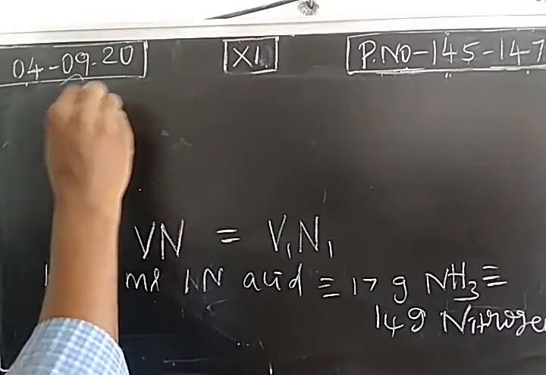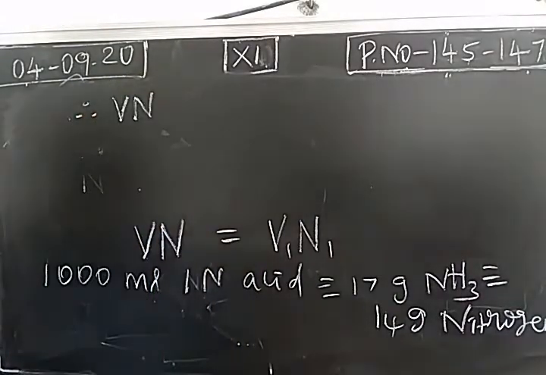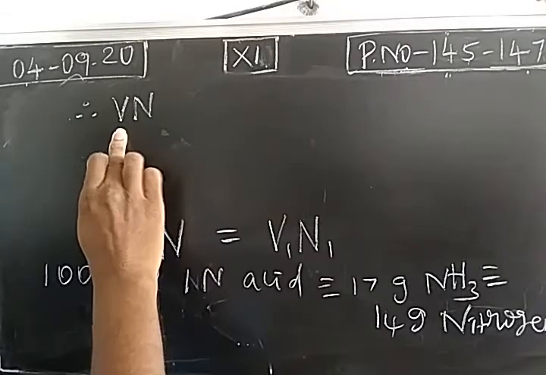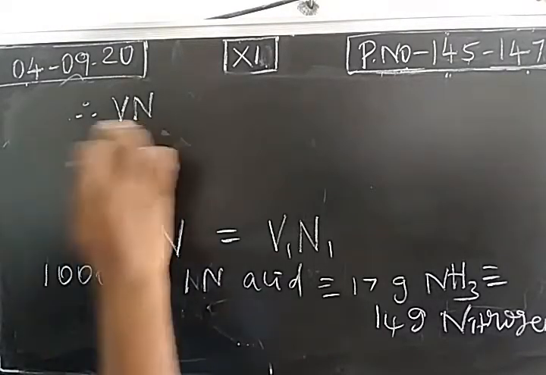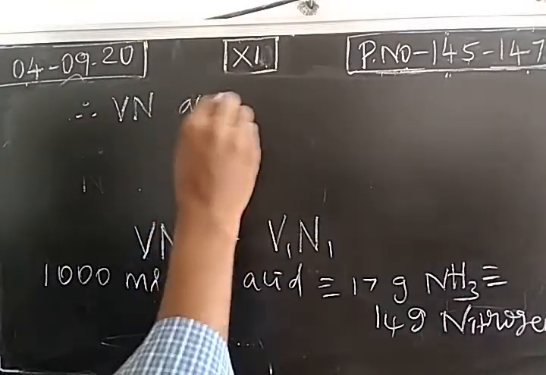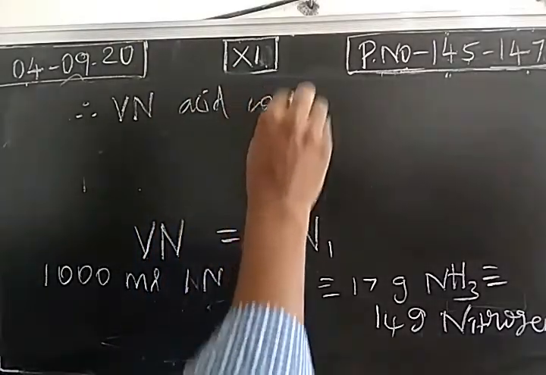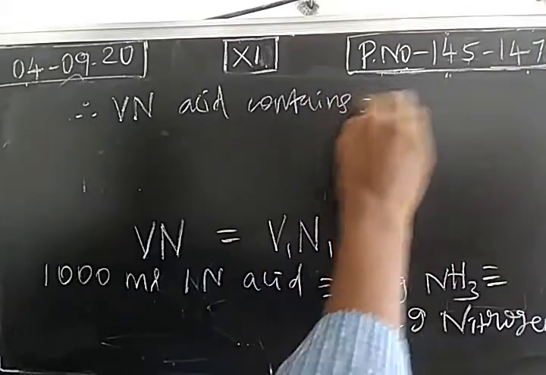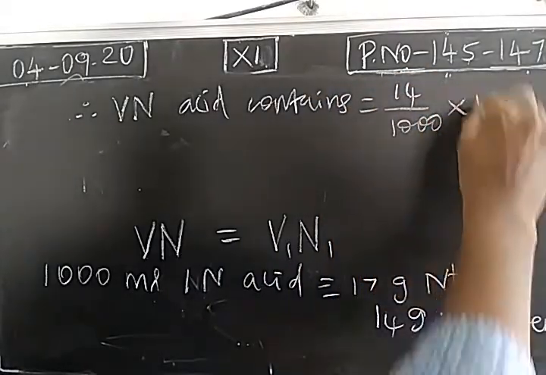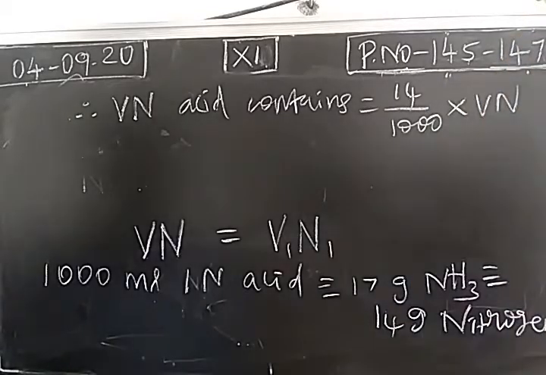Therefore, amount of acid can be represented as what? Volume and normality of acid contains 14 divided by 1000 into VN. Okay.